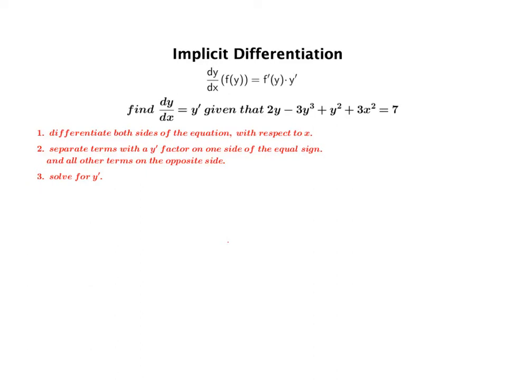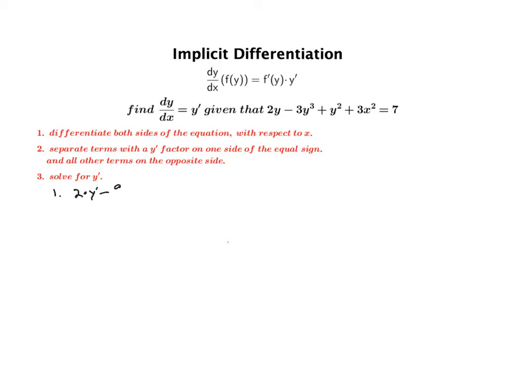So let's start with step 1. We're going to differentiate both sides of our equation. So 2y, that's going to be the outer function derivative, 2, times the derivative of the inner function, y prime, minus, and then we have 3y cubed.